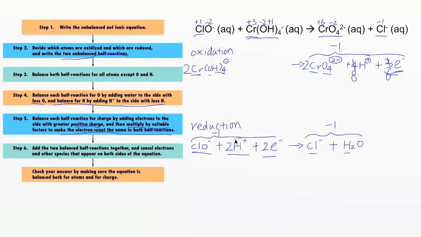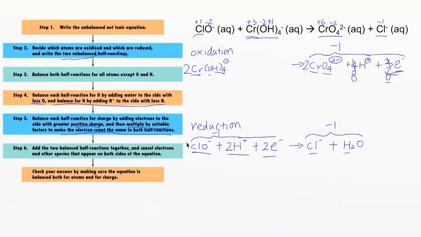All right? How about the reduction half reaction? In order to make this reduction half reaction consume all of the 6 electrons donated by the oxidation half reaction, you multiply all of the coefficients in this reaction by 3.